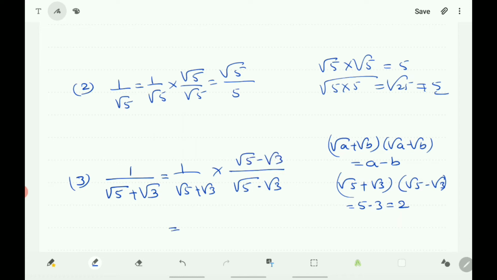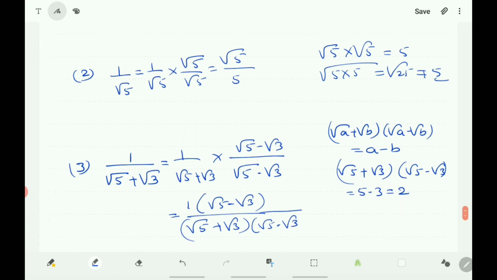Then it becomes 1 into root 5 minus root 3, divided by root 5 plus root 3 into root 5 minus root 3.